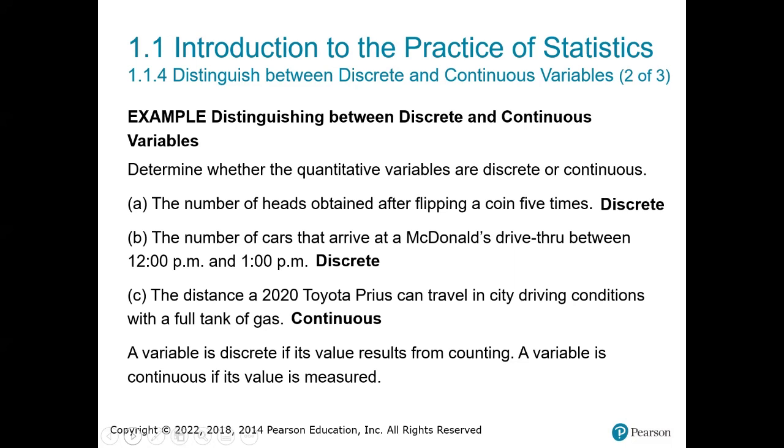However I want to do that, I'm calculating it, and I can calculate it to different levels of certainty. So this is going to be what's called continuous. Counted is discrete, calculated is continuous.